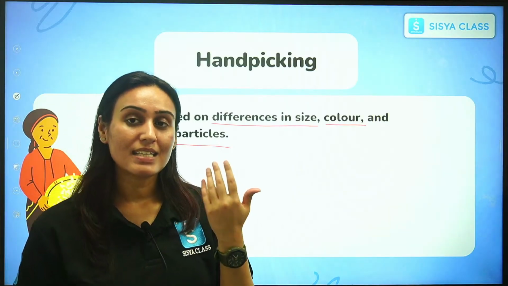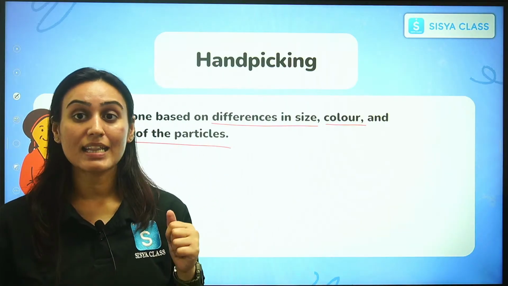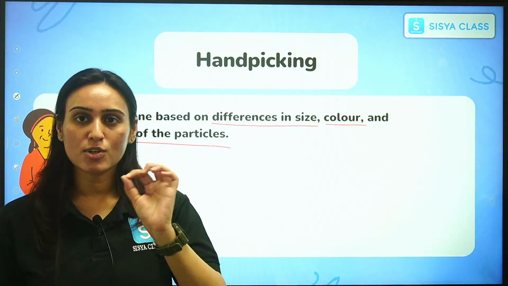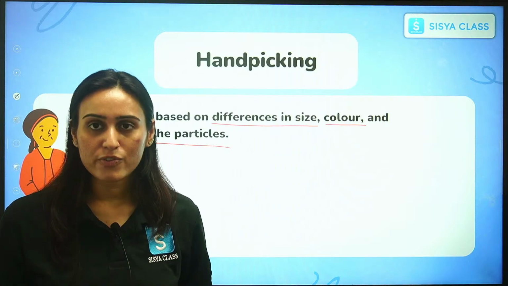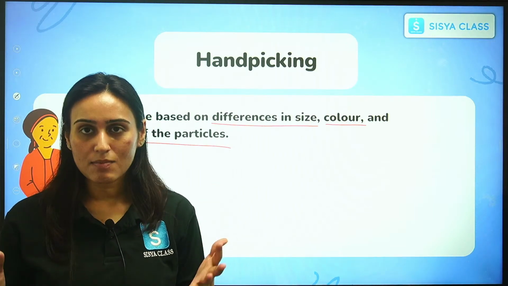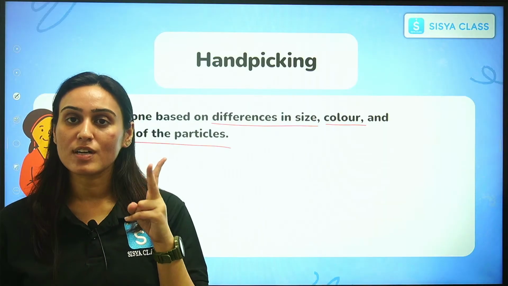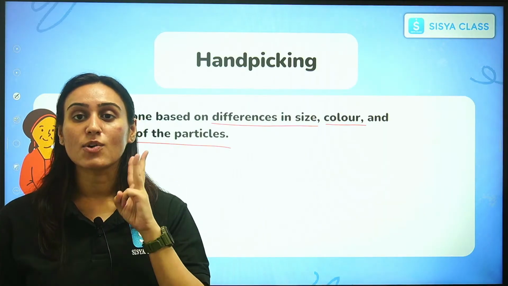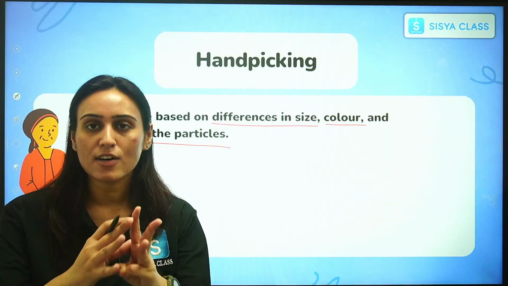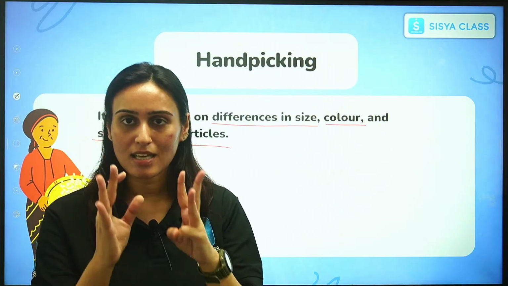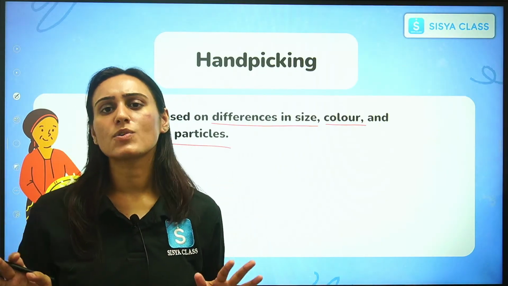So what is the principle we are using here in hand picking? We are going to choose this method to remove the unwanted particles if we are given a mixture, if you have difference in size, difference in shape, and difference in color. If any of these three criteria is followed, you can use hand picking there.